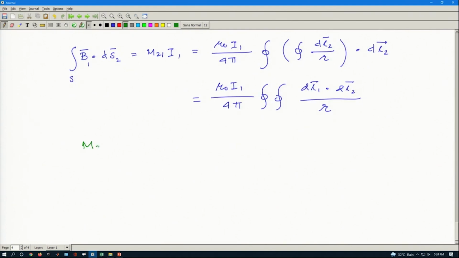From here, if I compare left hand side and right hand side, we have an interesting expression: M21 is equal to mu 0 divided by 4 pi, and the two closed line integrals of dL1 dot dL2 divided by R. Mind it, R is R2 minus R1.